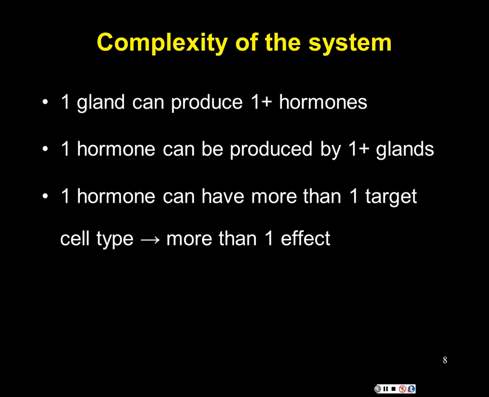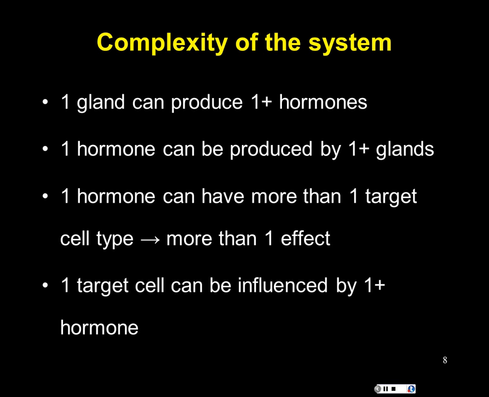And of course, the third point, we should be able to understand that hormones target multiple tissues, which can bring about multiple effects, which should align with what you've studied in the second unit. You have billions of cells in our tissues. You don't have to have one hormone targeting just a few of those cells, right? It can target maybe all billions of the cells. And of course, our target tissue could be influenced by multiple hormones.